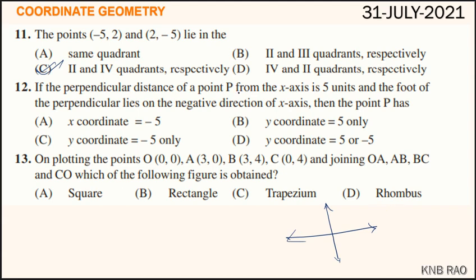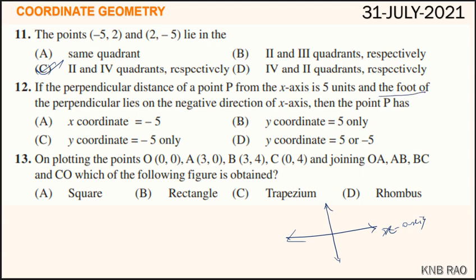Point P is 5 units away from the x-axis. You know, this is the x-axis. From this x-axis, point P is 5 units away. Maybe the point lies above the x-axis or below the x-axis. That we will decide now by reading further.